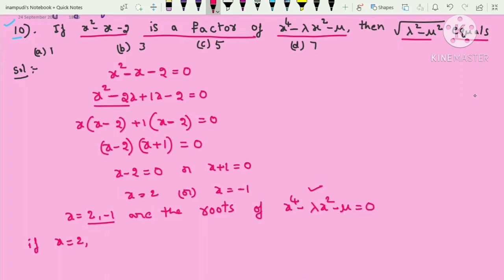If x = 2, we substitute the x value in this equation.